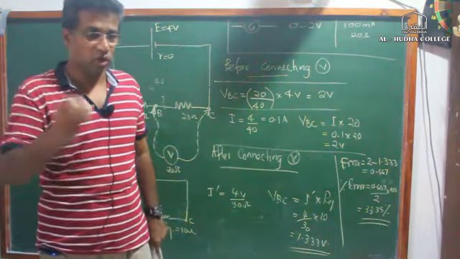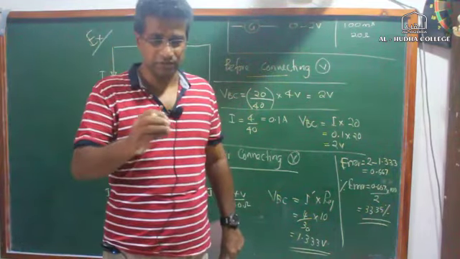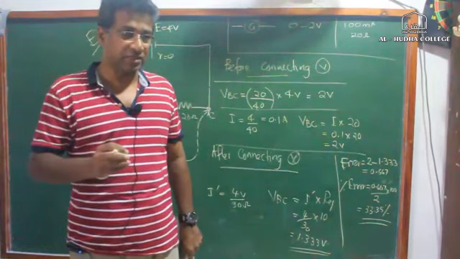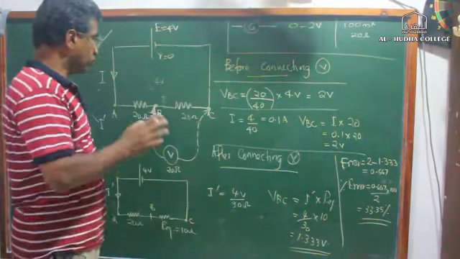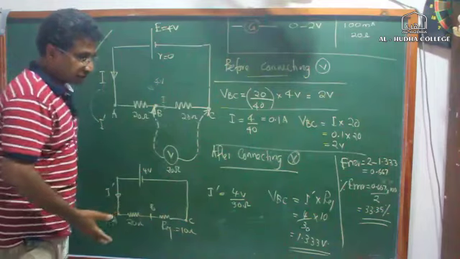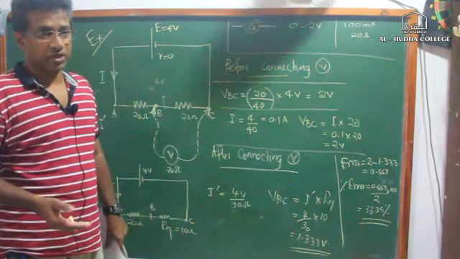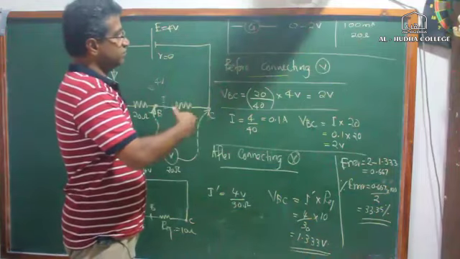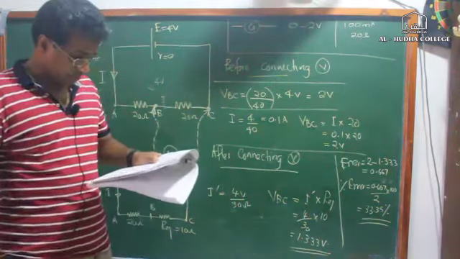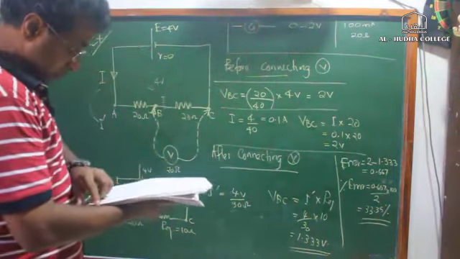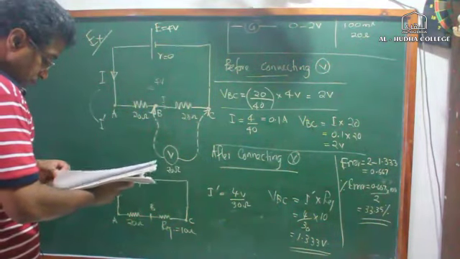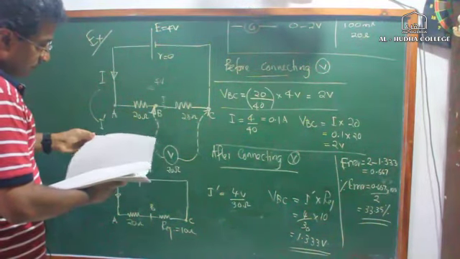In the voltmeter case, if the voltmeter resistance is very large, we can reduce the error. We will see with an example how it works out.